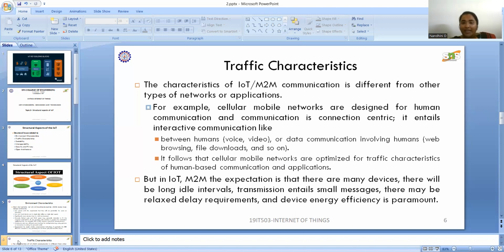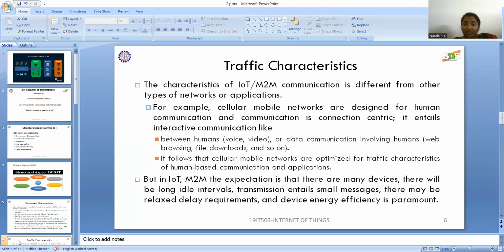Between humans, data communication involves web browsing, file downloads, and exchanging images, videos, audios, files, documents, many things we are interacting with, human to human, with the help of these mobiles. Cellular mobile networks are in traffic characteristics because we are using human to human communication. So it is a traffic constraint.